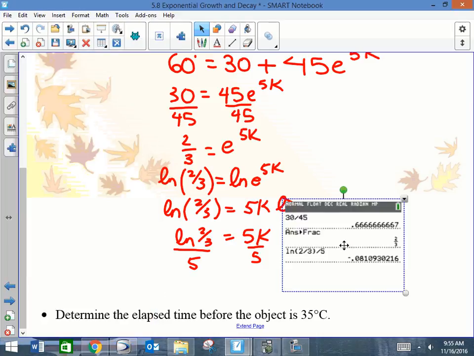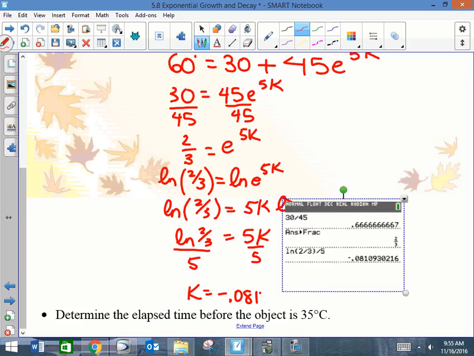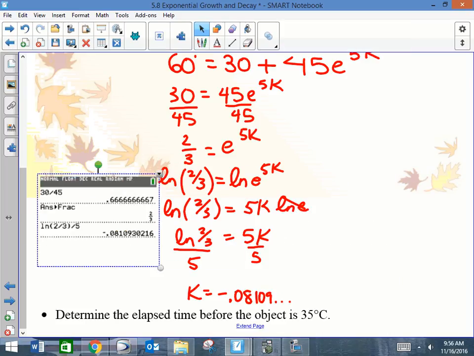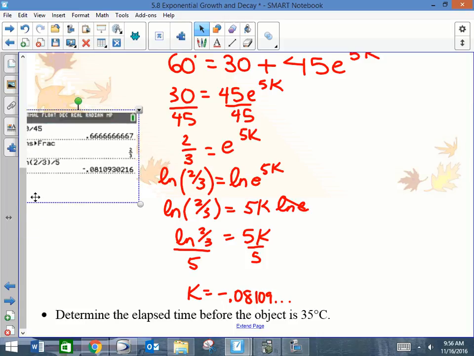Go ahead and store that. And write down, okay. I got it. When you're ready, look up.